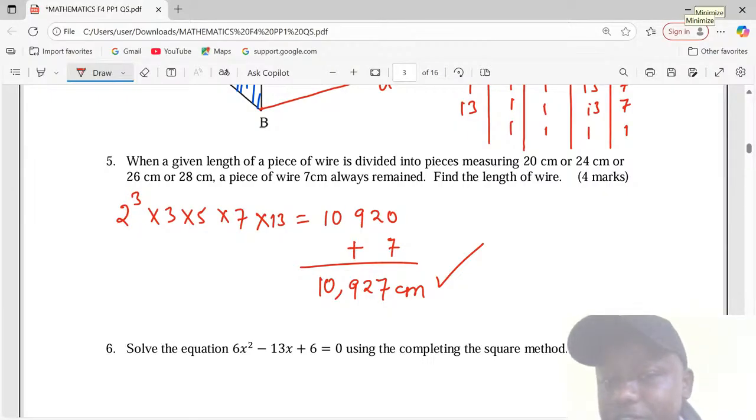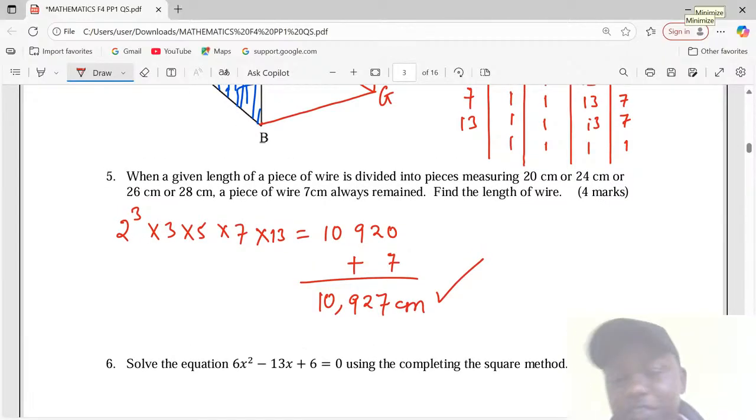When divided by 24, there is a remainder of 7. When divided by 26, remainder of 7. By 28, a remainder of 7. So the LCM is divisible, but for there to be a remainder of 7, we have to add 7, so that we get the length.